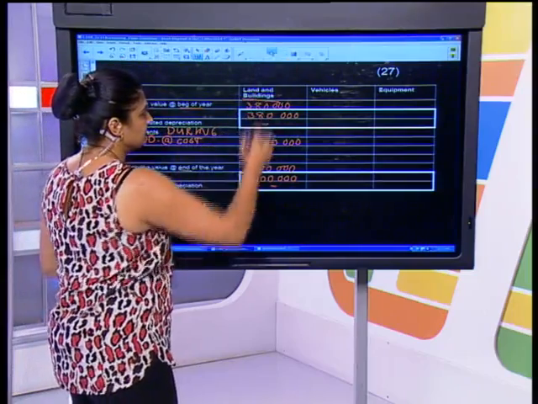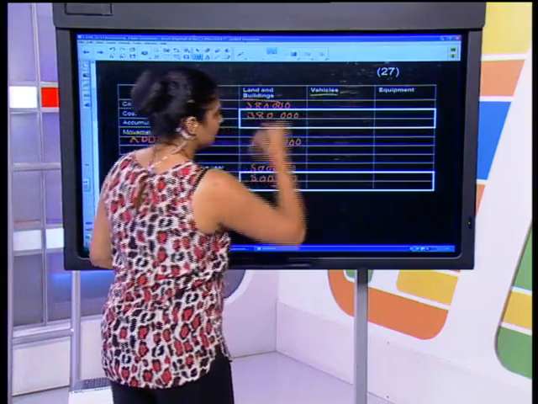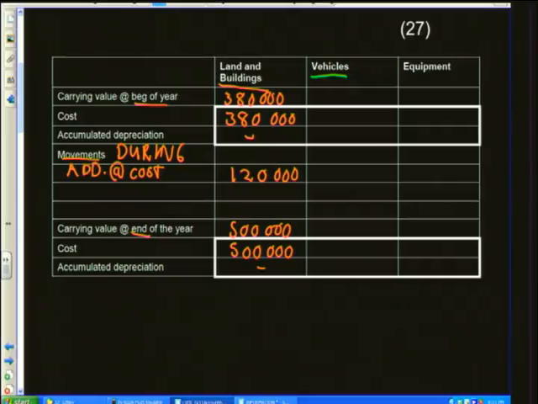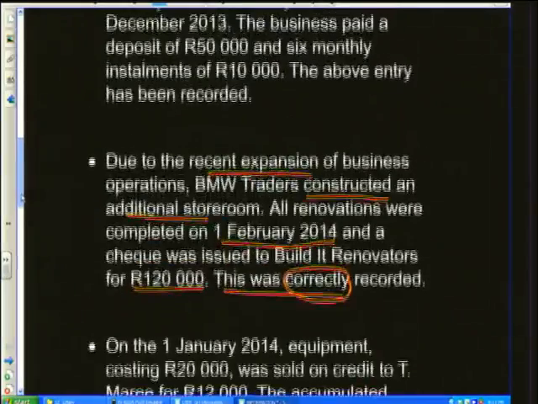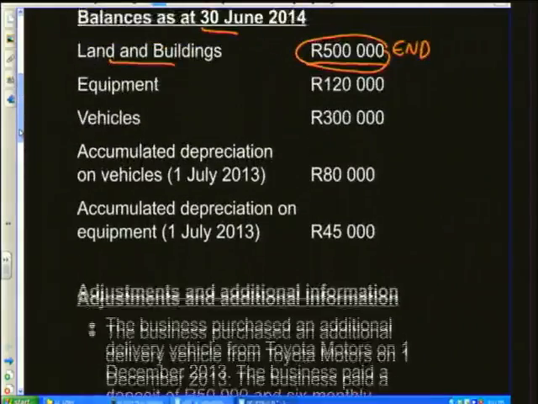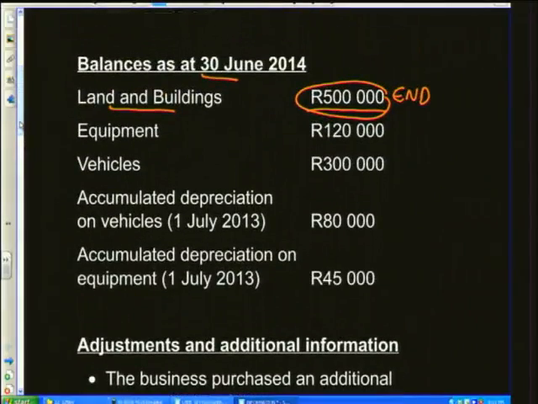All right, I'm just going to use a different color. So vehicles, let's do vehicles in green. Okay, let's go to our information in terms of vehicles. So we're given vehicles has a cost of 300,000. Accumulated depreciation on vehicles on the 1st of July 2013, an amount of 80,000.